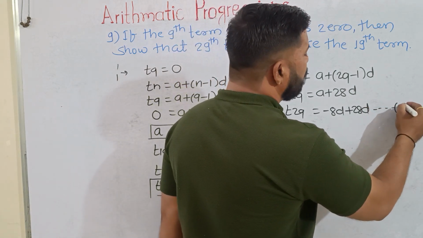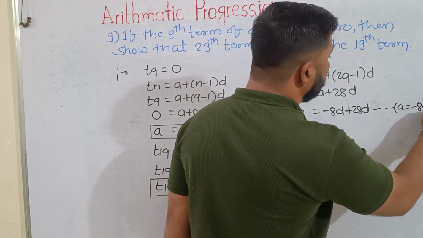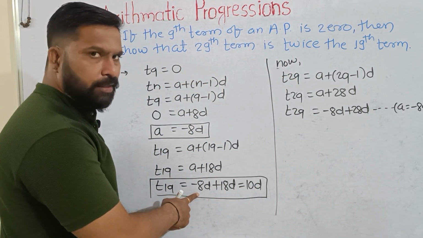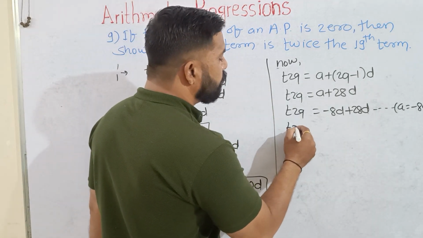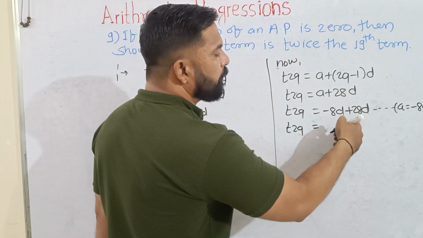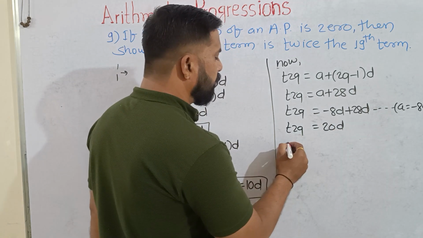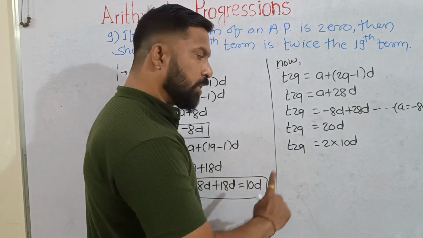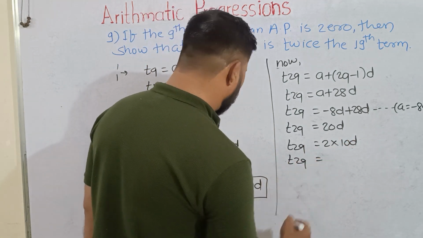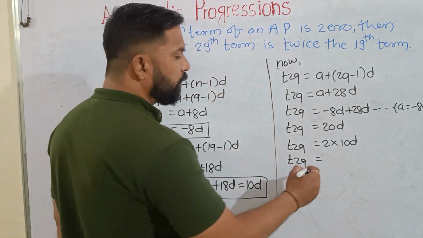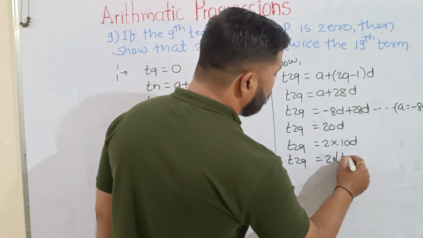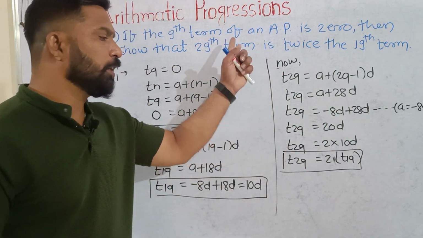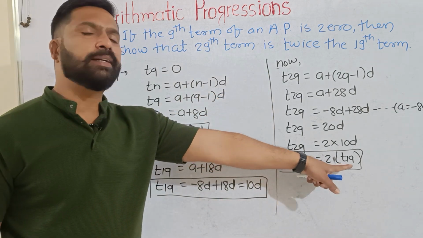Here also I should write a is equal to minus 8d. Then T29 is equal to, what is their subtraction? 20d. I can also write it as 2 into 10d. What is 10d? 10d is the value of T19. So 2 times T19. Therefore, the 29th term of this arithmetic progression is 2 times the 19th term.